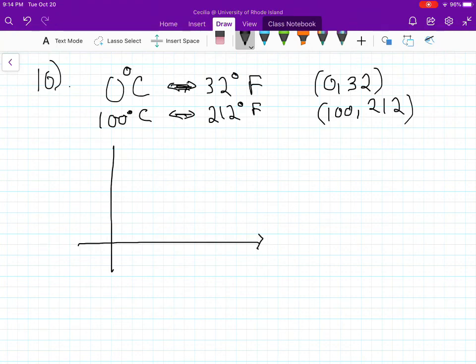The way we've identified this, and we could have gone the other way, is we put Celsius on the x-axis, right? It has the position that normally goes with x, and we have Fahrenheit on the y-axis. And so now we're just going to go ahead and plot the points and the information that we know.